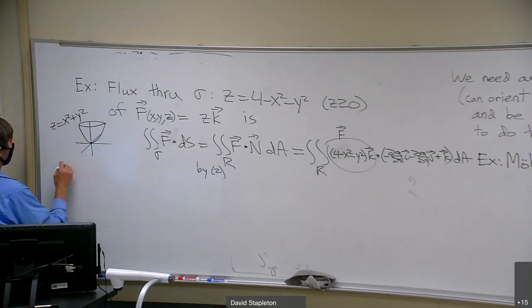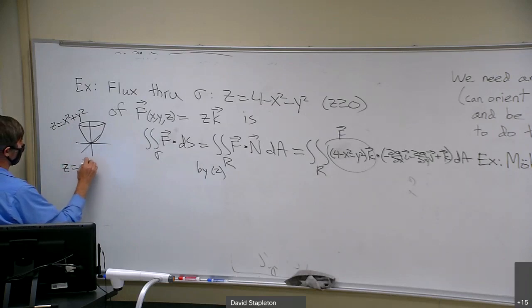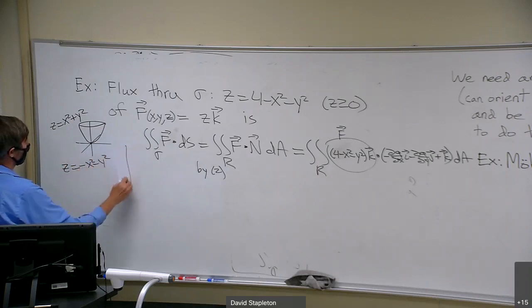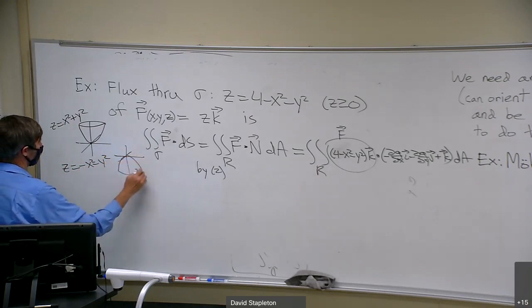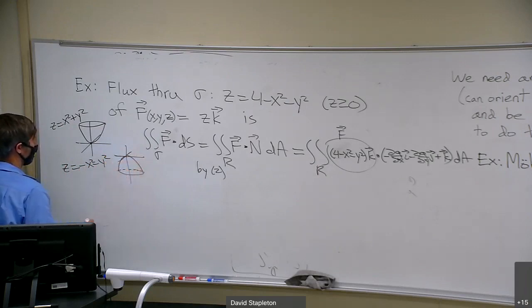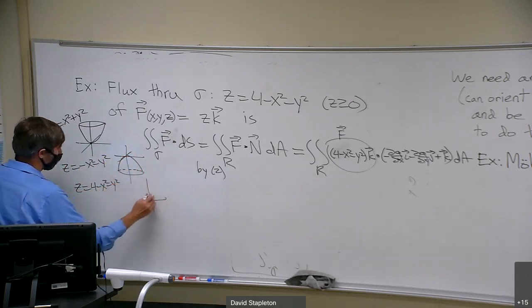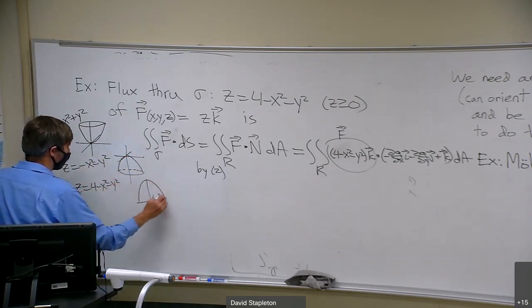Now, if we turn it upside down, we take z equals minus x squared minus y squared, the same thing going downward, looks like that. And z equals 4 minus x squared minus y squared then slides it up 4 units, so that it's up here.